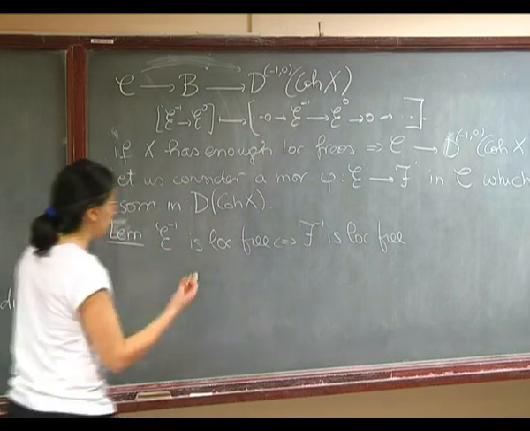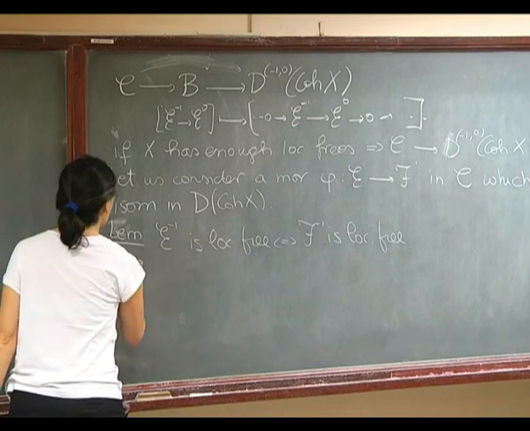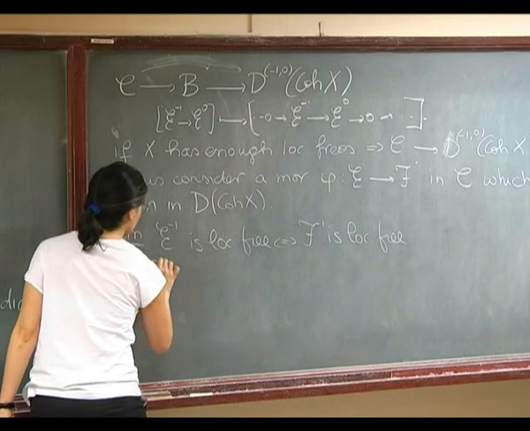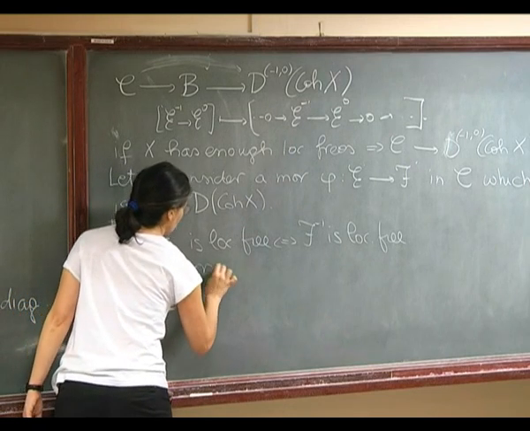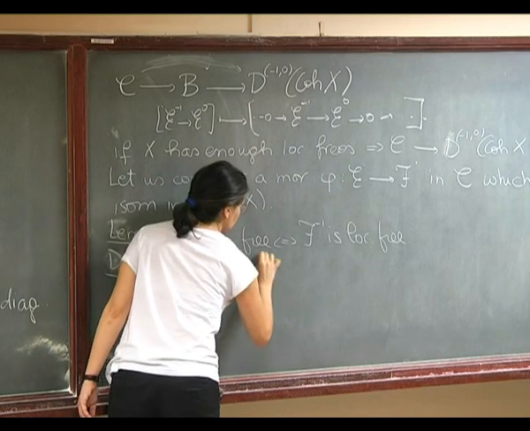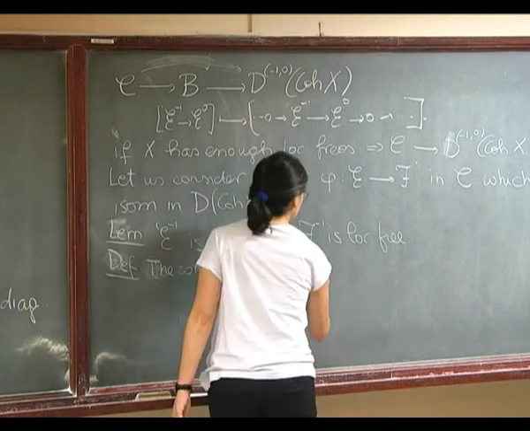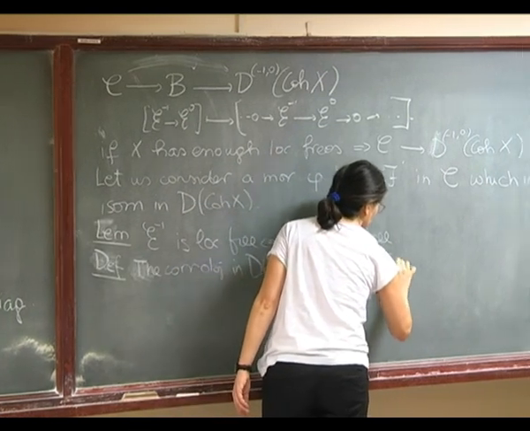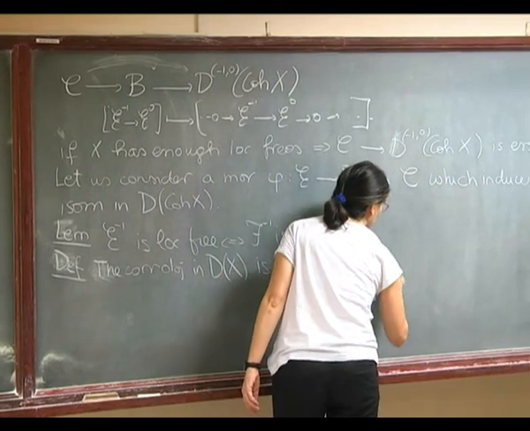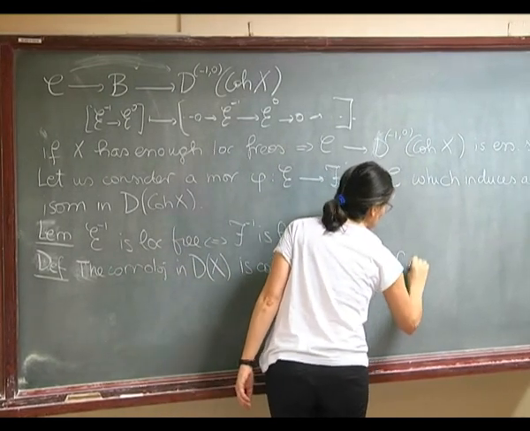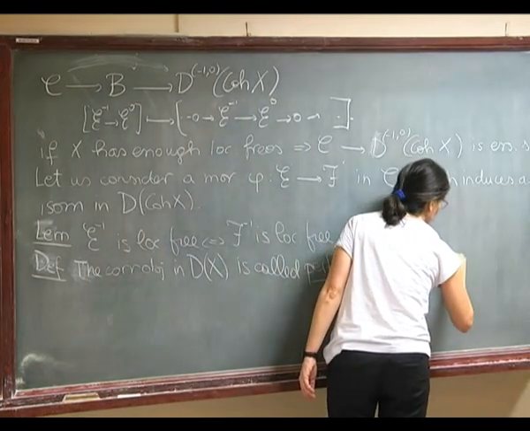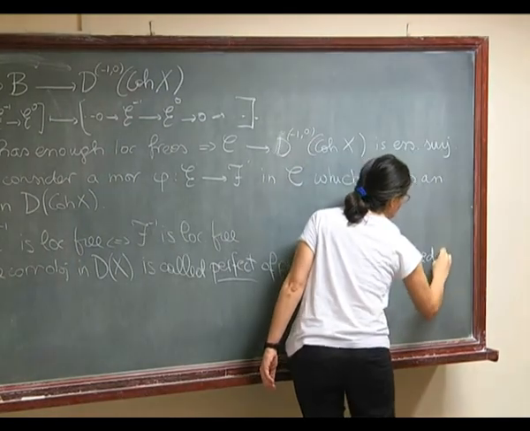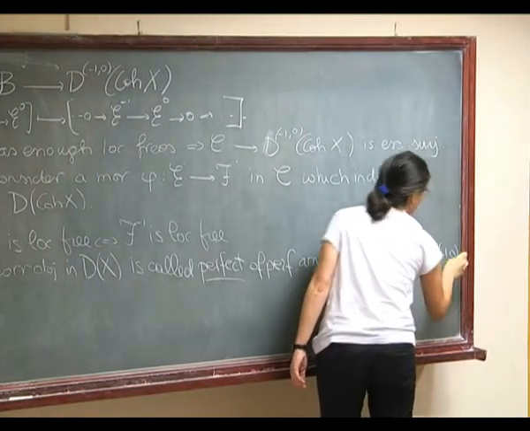When either is true, definition, the corresponding object in D of X is called perfect of perfect amplitude contained in [-1, 0].